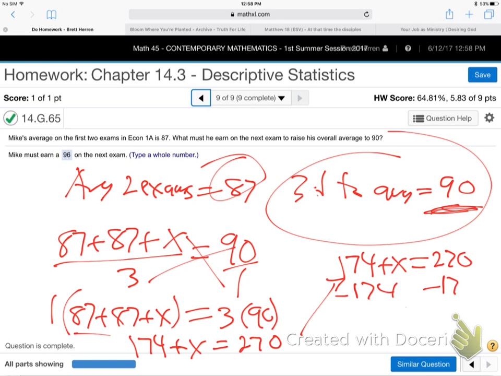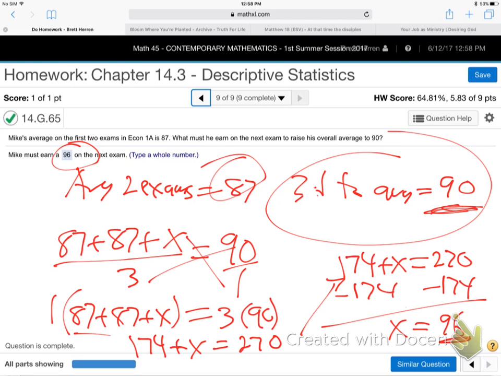Subtract the 174, and you'll get the 96 that Mike needs on his third test. Is that good? Let's call the third one x. Everybody good with that? So just call the third one x, add the 3, divide by 3 equals 90, cross multiply, solve for x.